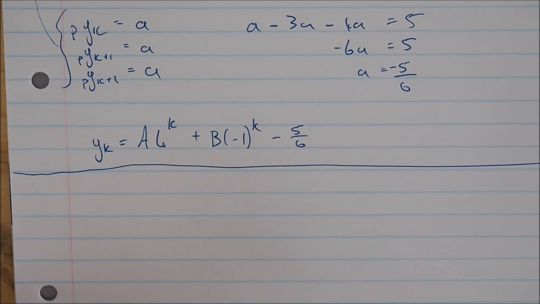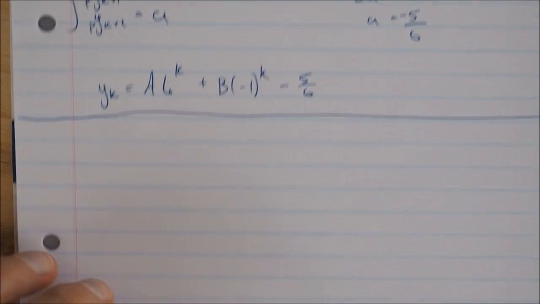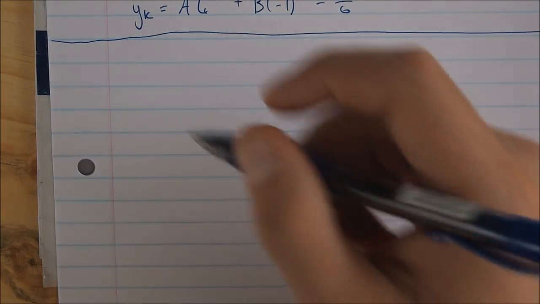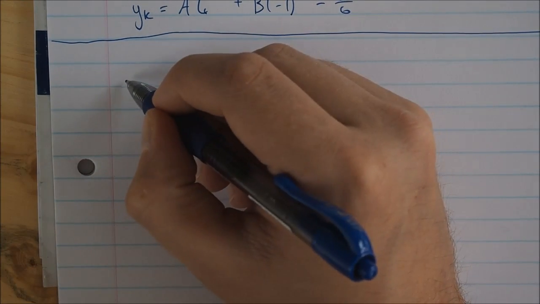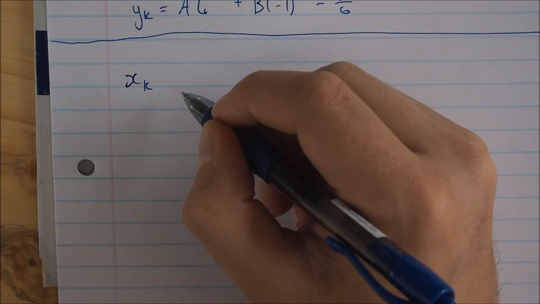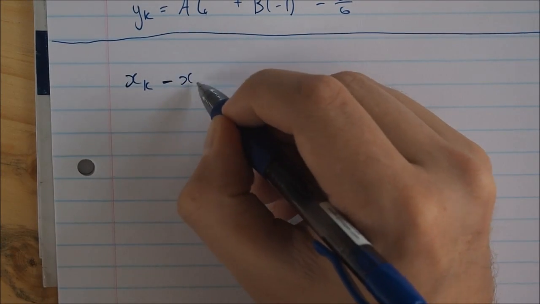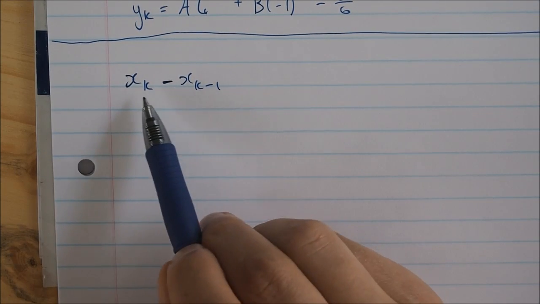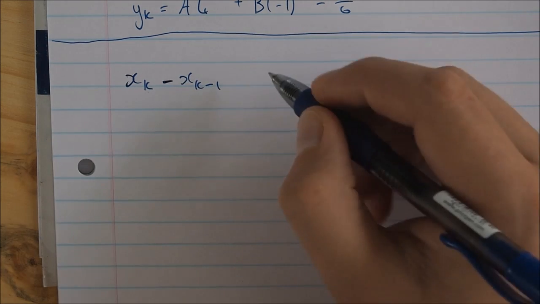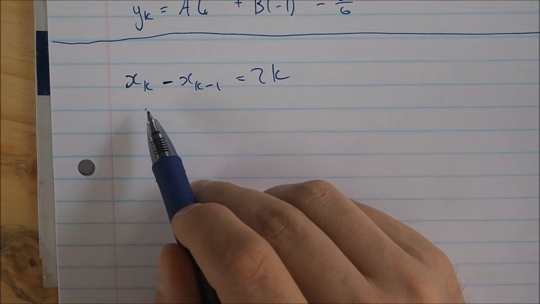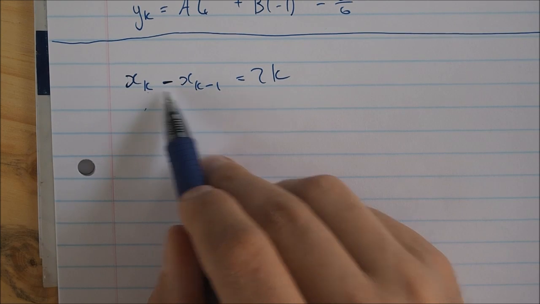So let's do another one with a slightly different inhomogeneity. x_k, so we're using a different dependent variable here, just as an exercise, minus x_{k-1} equals 2k. Again, this is first order, since k is the highest, so it's k minus 1.